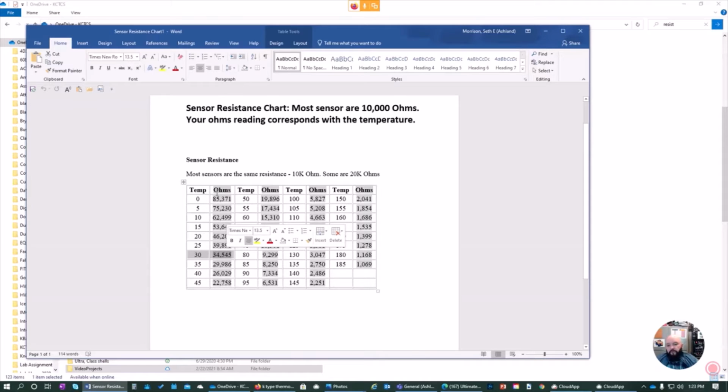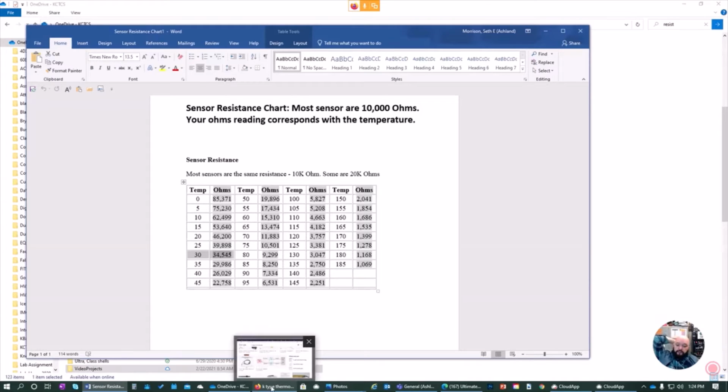As your ohms go up, your temperature drops. As your ohms go down, at 185 degrees you only have 1,000 ohms compared to 32,000 at freezing. So that's how you can test and see if a thermistor on a unit is bad. And you need to calibrate your own equipment and make sure the thermistors that you use in the field are good. You should test them regularly.